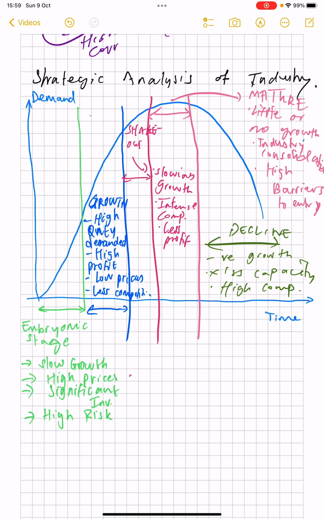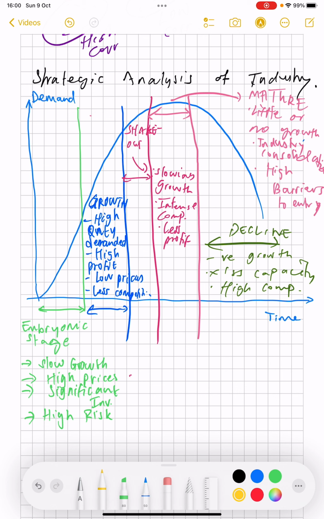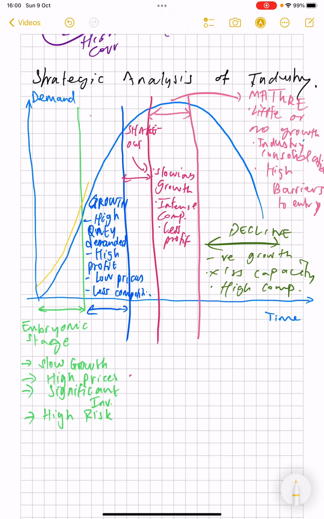What I mean by industry consolidation in the mature phase: as a company is growing from here to here, upon reaching the mature phase, it will want to stay in the mature phase because it doesn't want to decline and face negative growth, excess capacity, and high competition levels. So what happens usually in the mature phase in order to stay there?